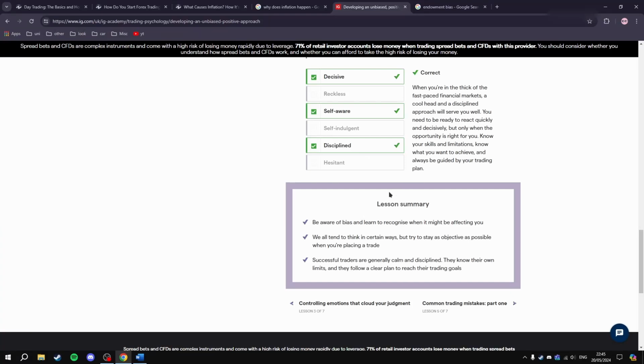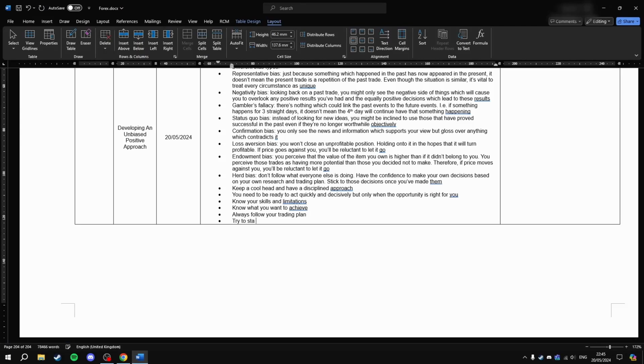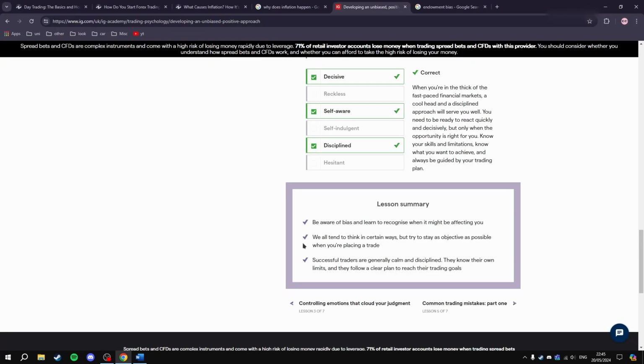So let's summarize. Be aware of biases and learn to recognize when they might be affecting you. We all tend to think in certain ways, but try to stay as objective as possible when you're placing a trade. Successful traders are generally calm and disciplined.